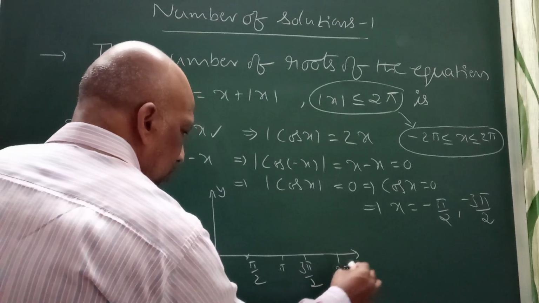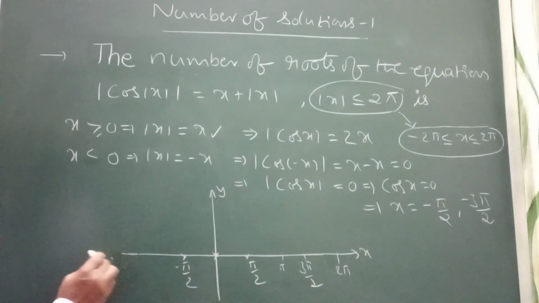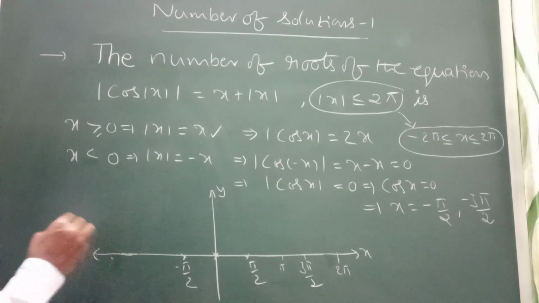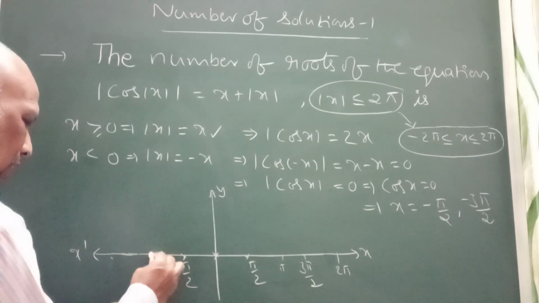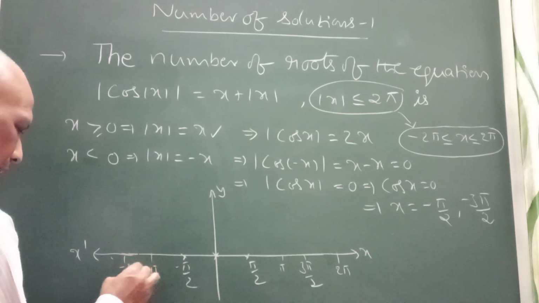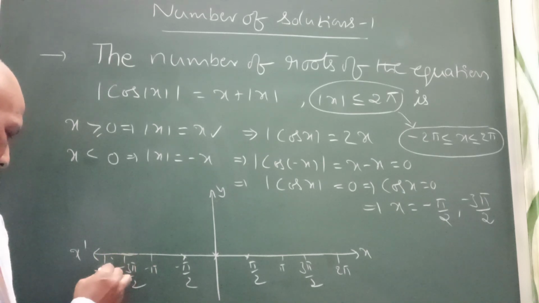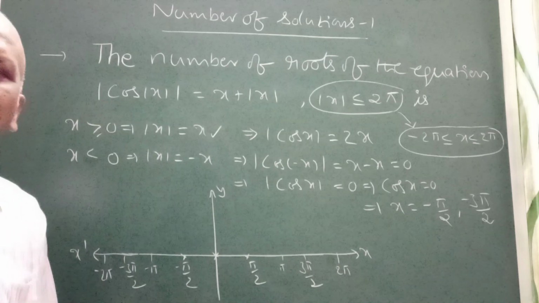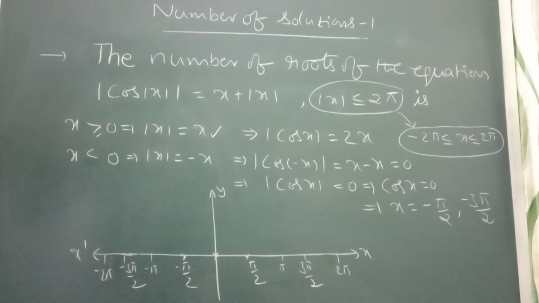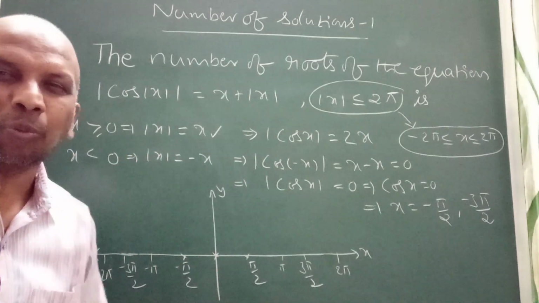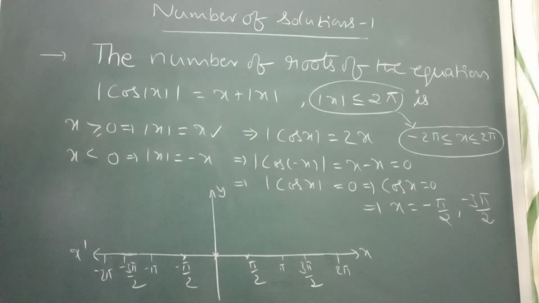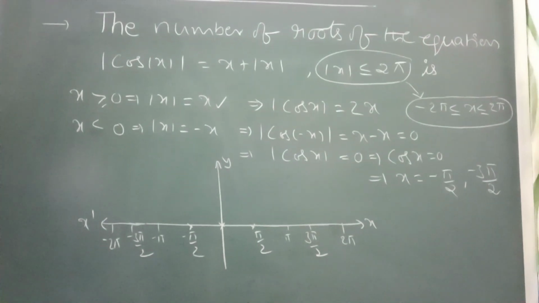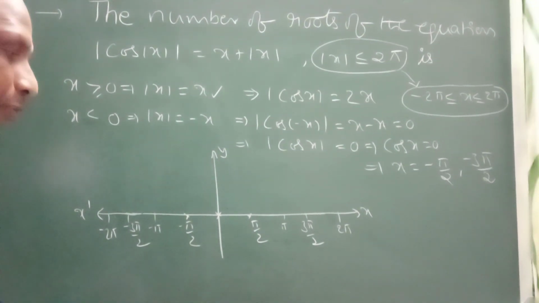On the x-axis, I take the values -π, -3π/2, -2π. We are talking about the graph of cos x, so you can go through this. The graph of cos x passes through this.